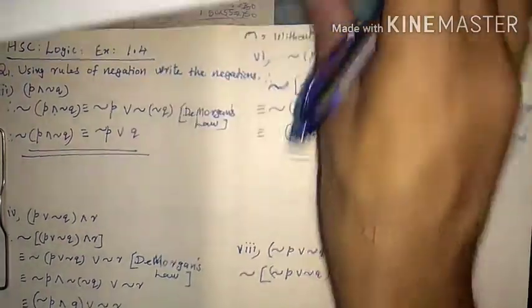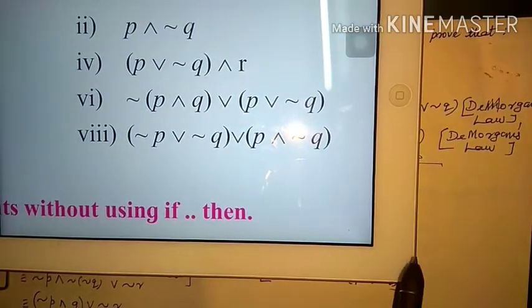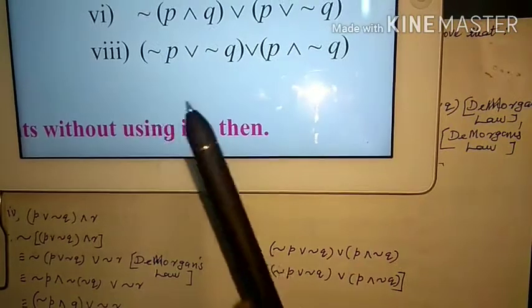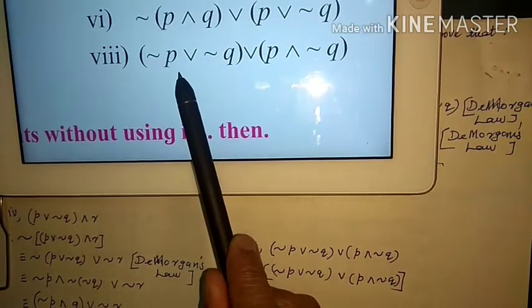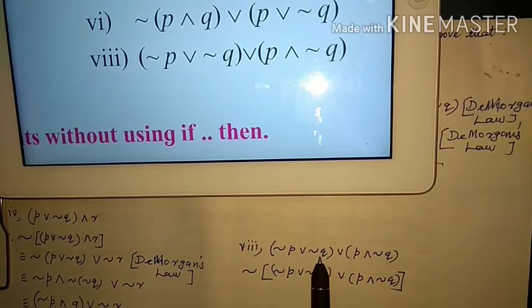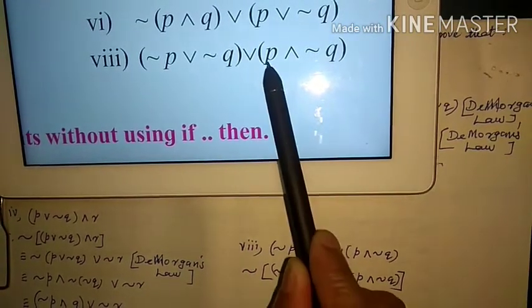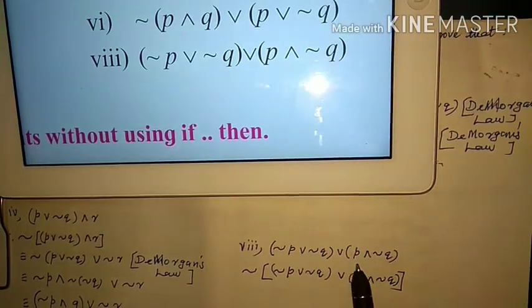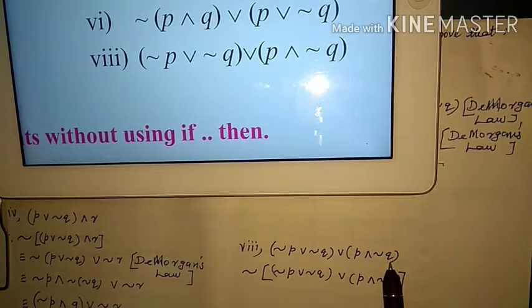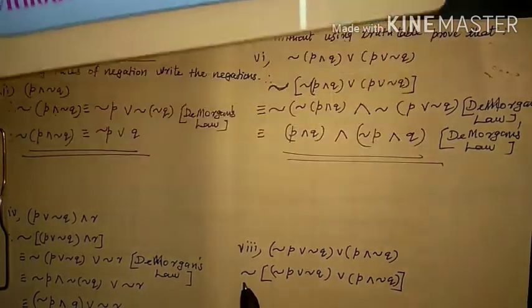Now comes question number 8 of question number 1. Given statement is negation P disjunction, negation Q, disjunction, P conjunction negation Q. This whole statement's negation is required.